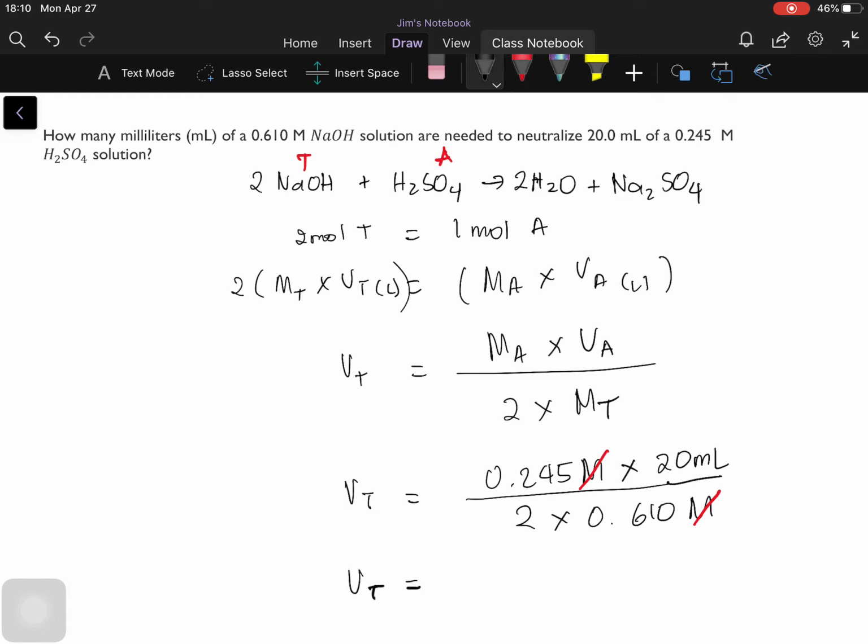So this is 0.245 times 20 divided by 2 times 0.610. The volume of titrant needed is, this is very small, 4.02 ml. So the volume of titrant needed to complete the reaction is 4.02 ml.